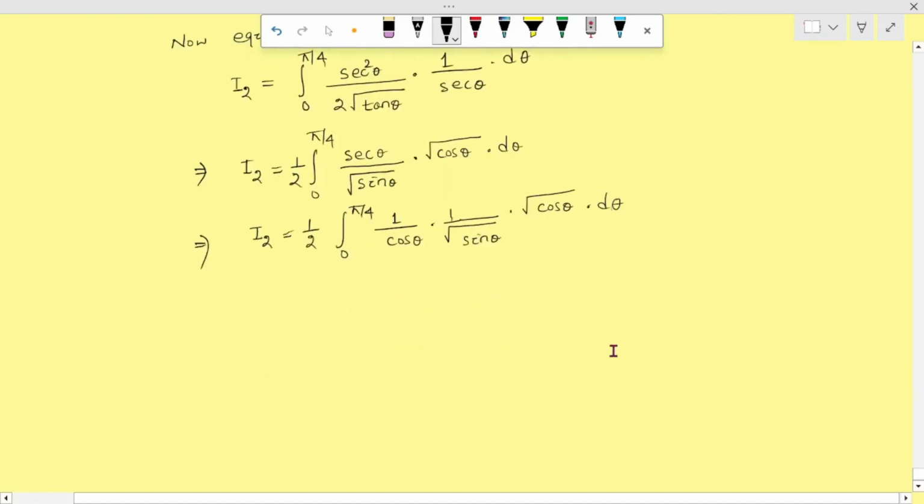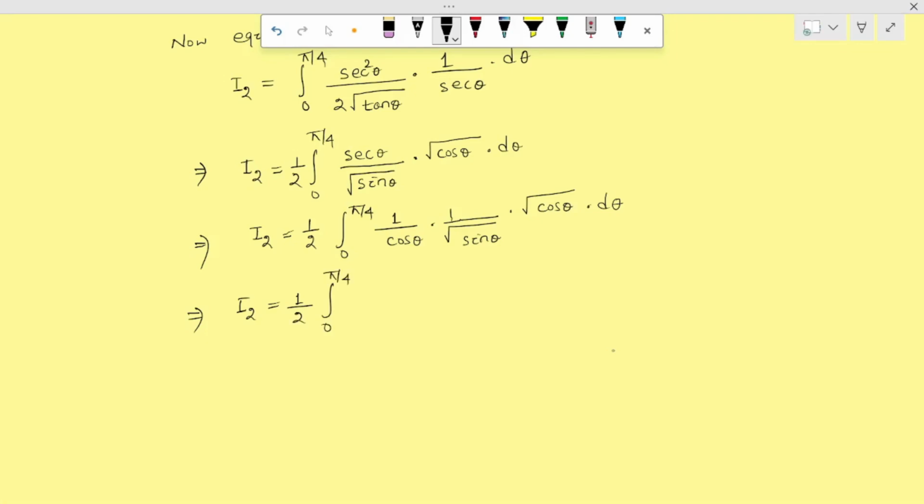Okay, here I am doing each and every step. In your exam you can omit the steps. Here 1 by cos theta and root over of cos theta, if cancelled, will give root over of sin theta into root over of cos theta d theta, right?